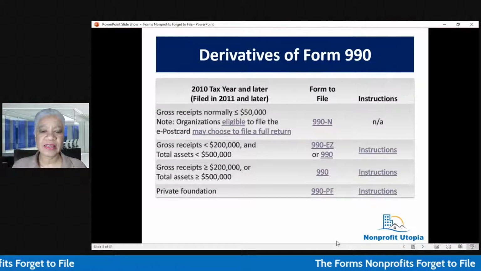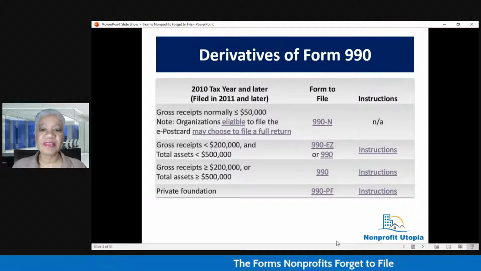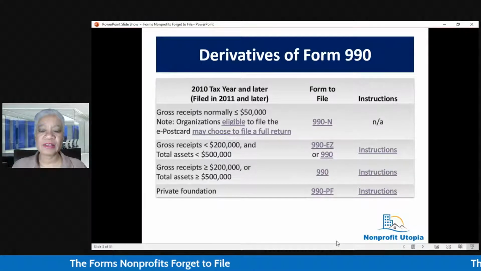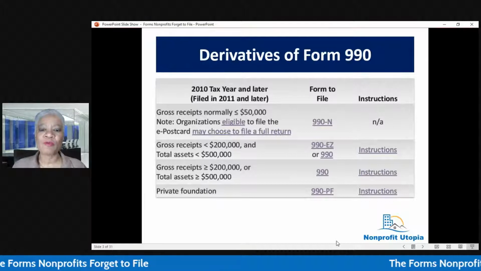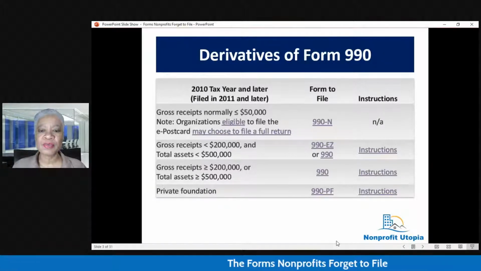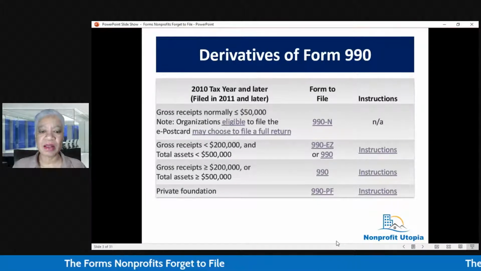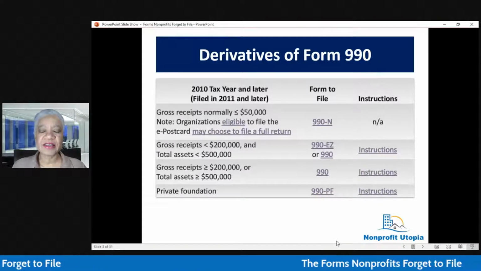Organizations that are making under $50,000 a year are required to file the postcard, or Form 990N. There are no instructions. They're assuming that you can just go online and be prompted. The advantage to this is it's a very quick process.